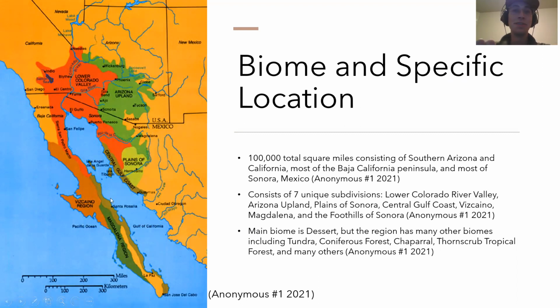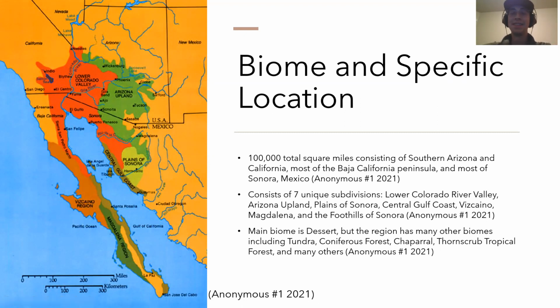The Central Gulf Coast is on this Gulf Coast. The other part of this region is on the Pacific coast side, and the Magdalena region is also here on the Pacific side, a little further south.